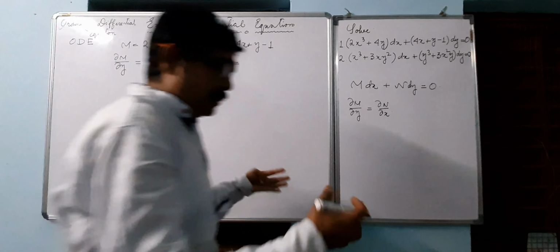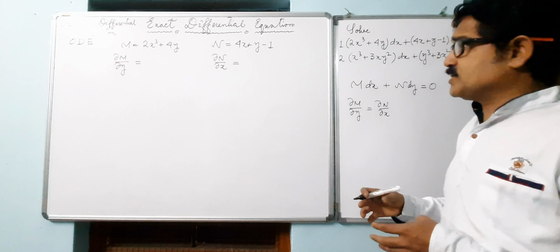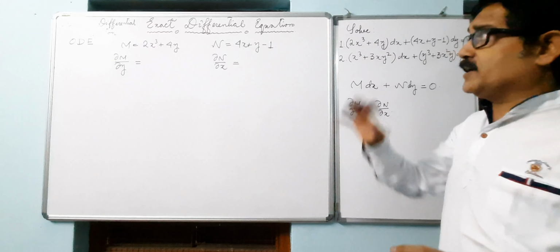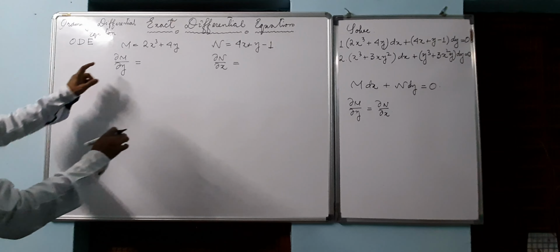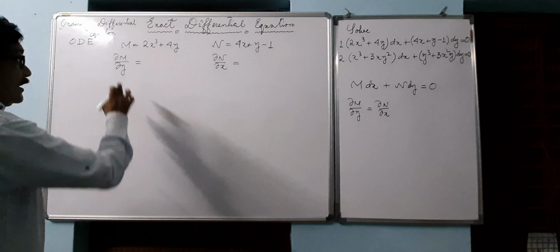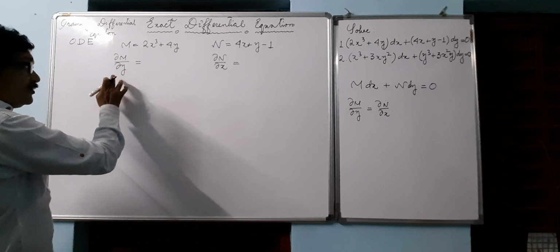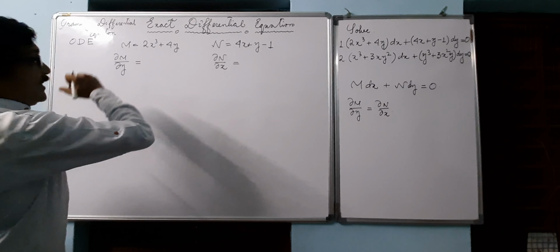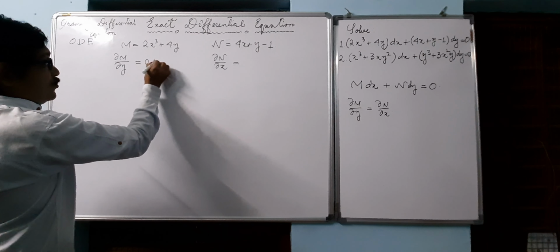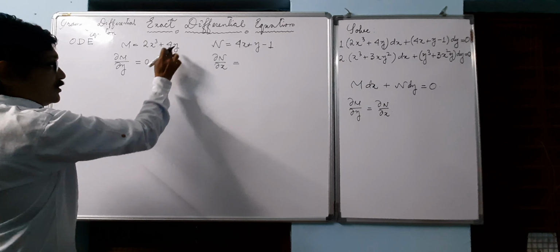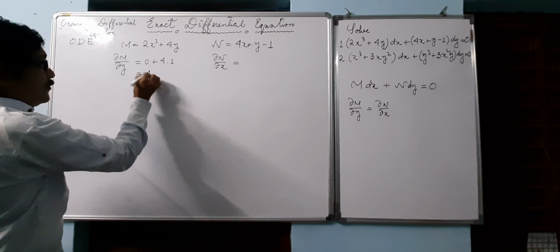Then comes the procedure for solving an exact differential equation. Now find del M del y, taking the differentiation of M partially with respect to y treating x as constant. With x as constant, the first term becomes 0, and 4 into the differentiation of y with respect to y, which is 1, so this is simply 4.